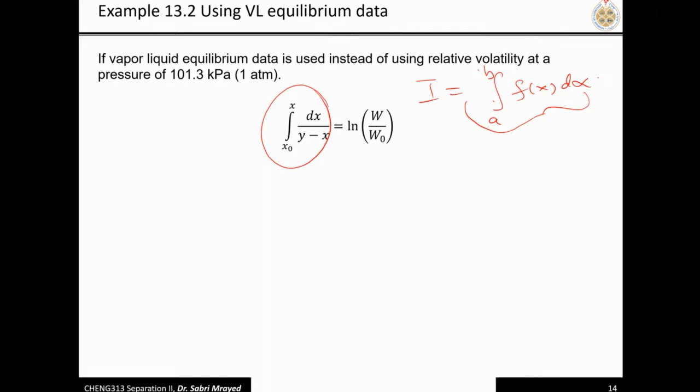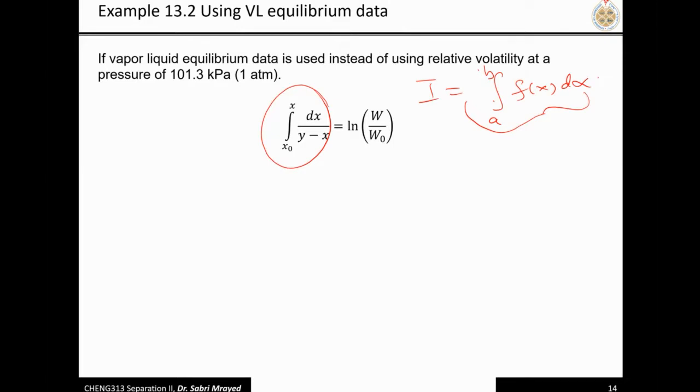What is the integration from A to B of f(x) dx?